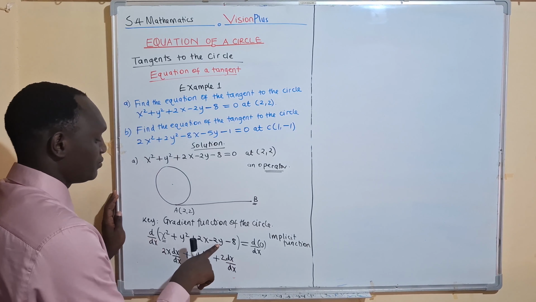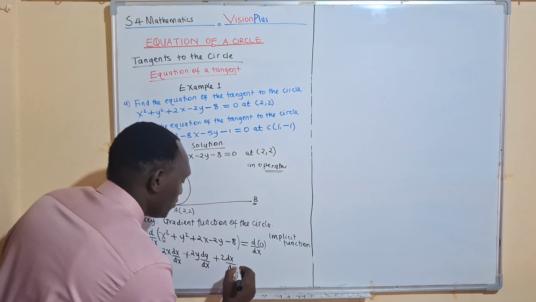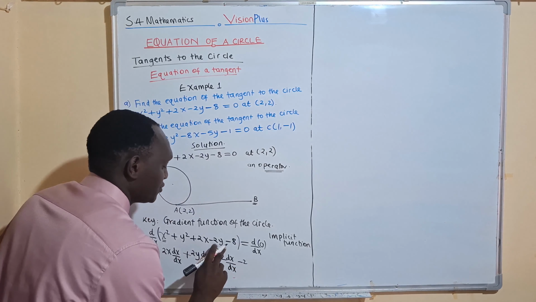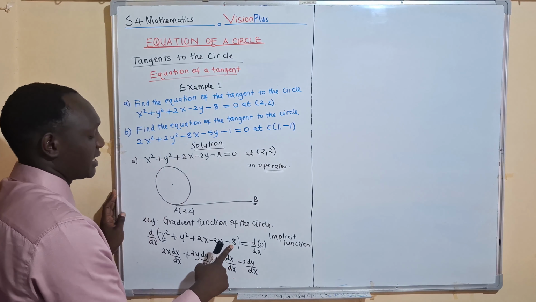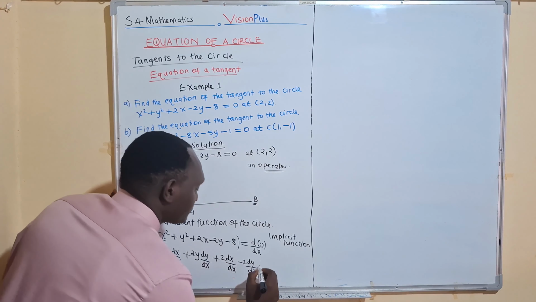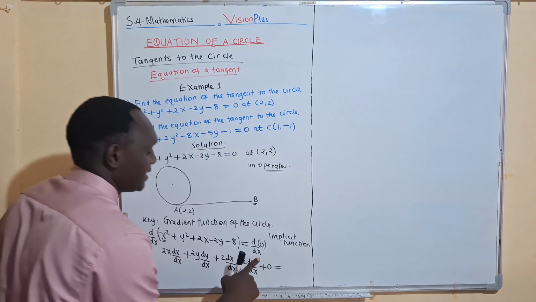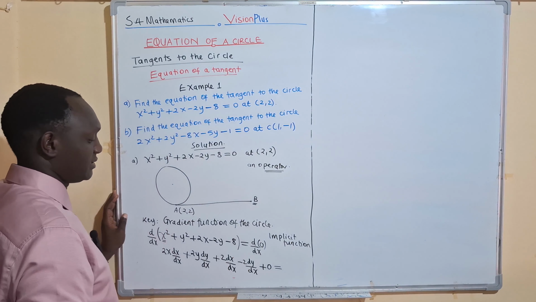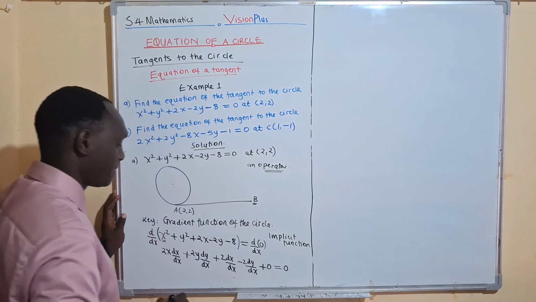Then negative 2y: if you differentiate it, you get negative 2, and it was a function in y, so we say dy dx. If you differentiate a constant, negative 8, you get 0. If you differentiate any constant, you get 0. The same applies on the right side: differentiating 0 also gives 0.